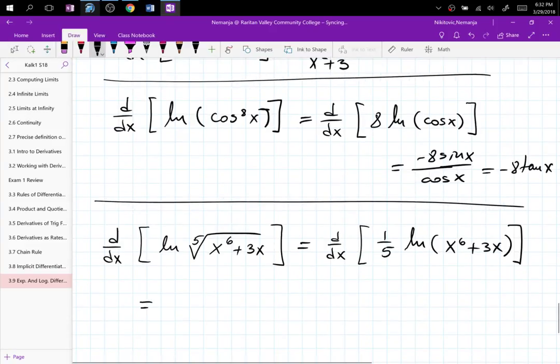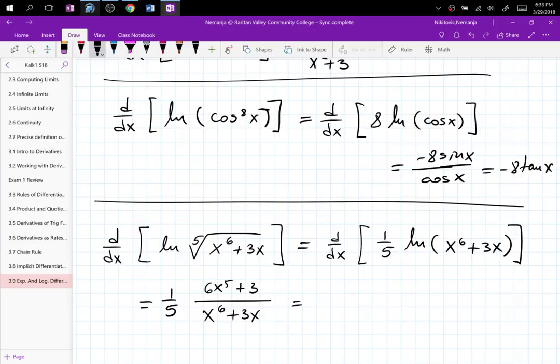So you copy the constant, which is 1/5, and then in this fraction, you have your x to the 6 plus 3x down there, and you have your 6x to the 5 plus 3 up there. You can factor 3, so you have 3/5 in front.